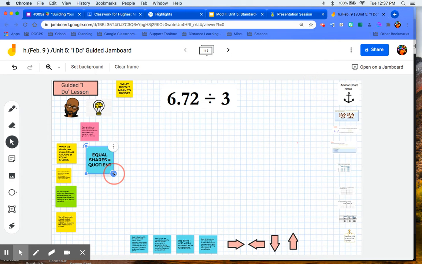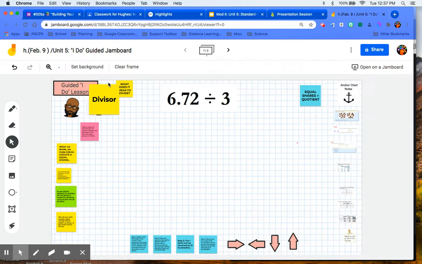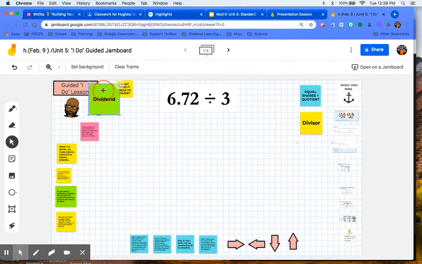So you have three major vocabulary words: quotient, divisor, and dividend. Dividend. Spelled it wrong. Dividend. There we go. Going too fast.